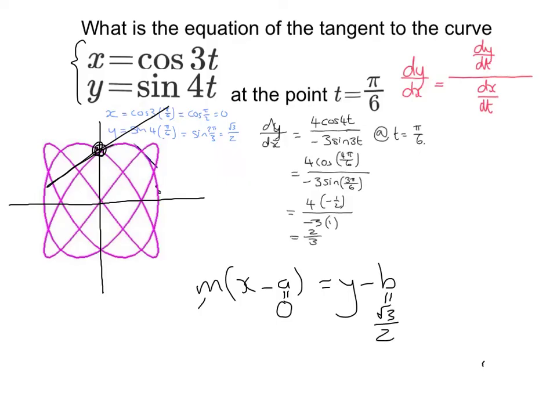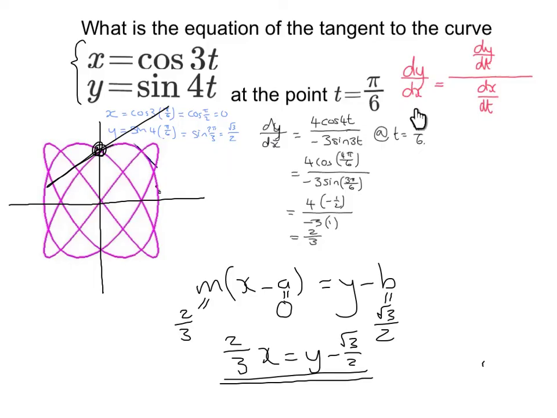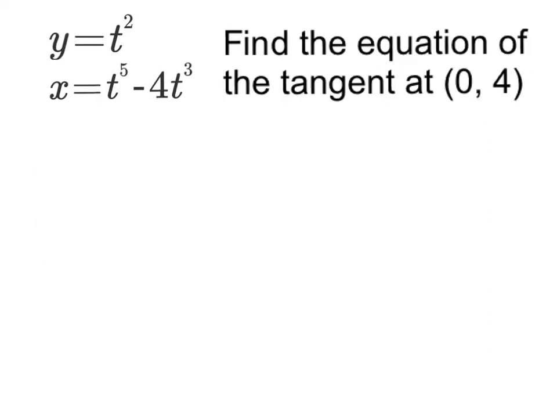And we've worked out what the gradient is, it's 2/3, giving us a tangent line y minus root 3 over 2 equals 2/3 x. Fun. And not only fun, also easy, because the only thing you need to know is that dy by dx is dy by dt over dx by dt, which you can remember as dy by dx is dy by dx. Okay, now we know what we're doing.